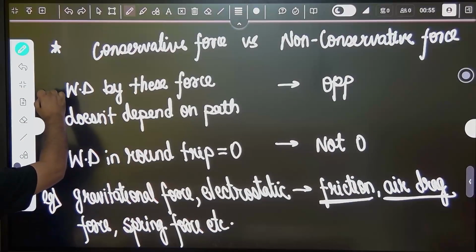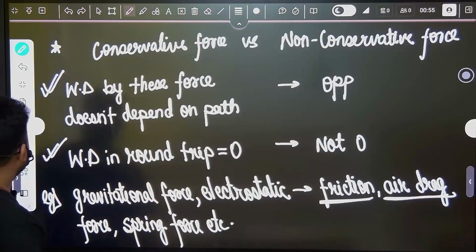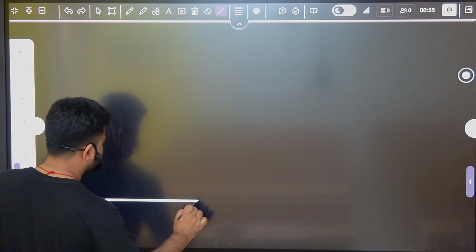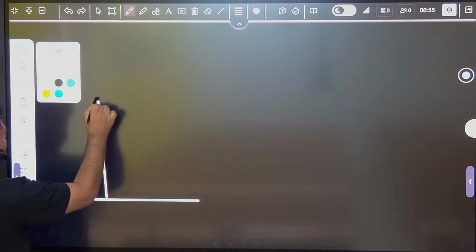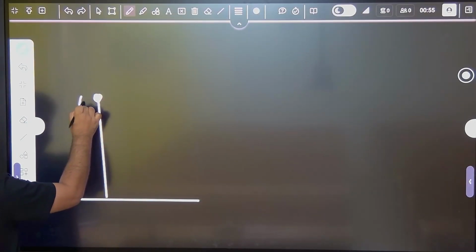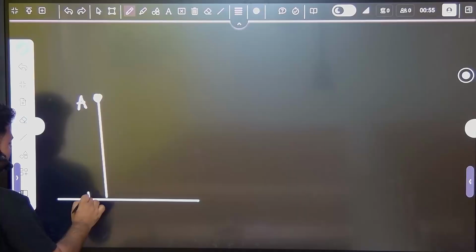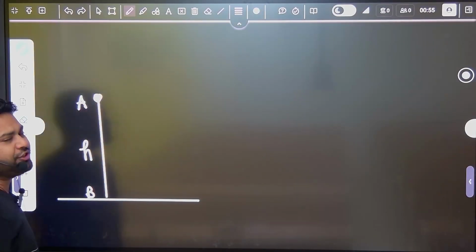So let's understand point number 1 and point number 2. What I told, see, for example, there is a ball. You are releasing from point A to point B. This ball is at a height h from the ground.